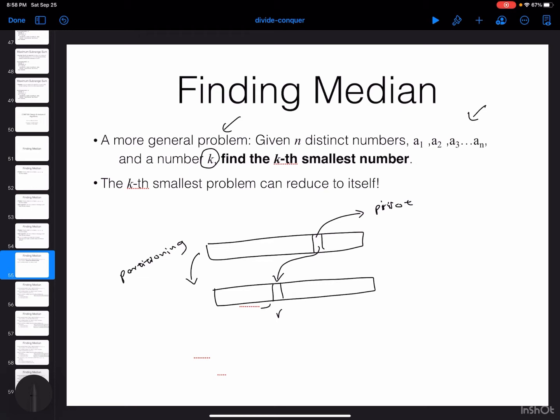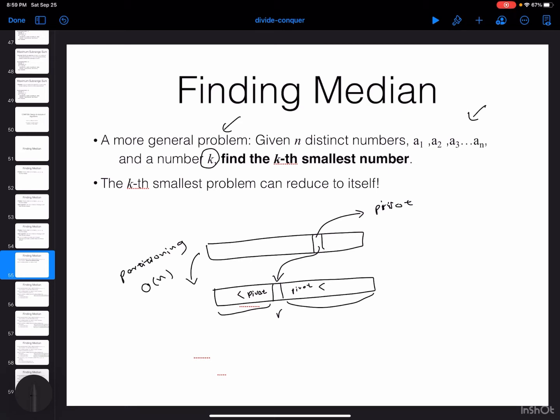Also, all the items on the left of the pivot will be smaller than the pivot, and all the items on the right of the pivot will be greater than the pivot. We also knew one more thing about the partitioning, that the partitioning could be done in linear time.